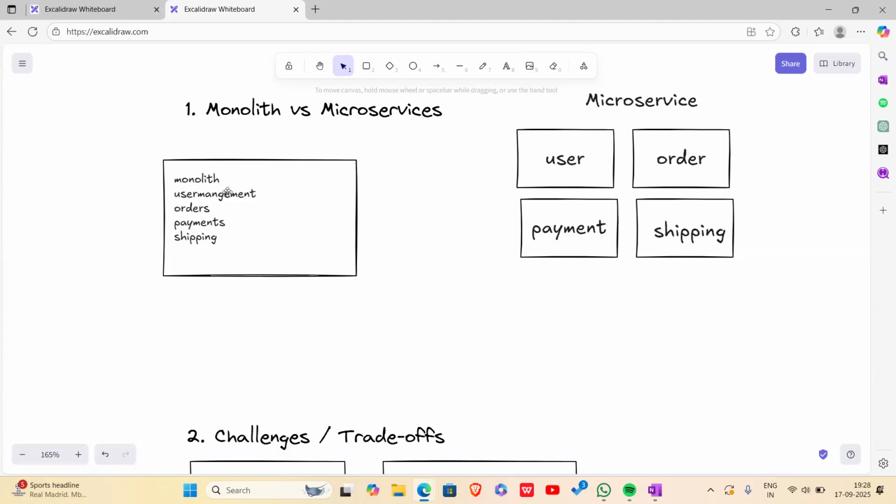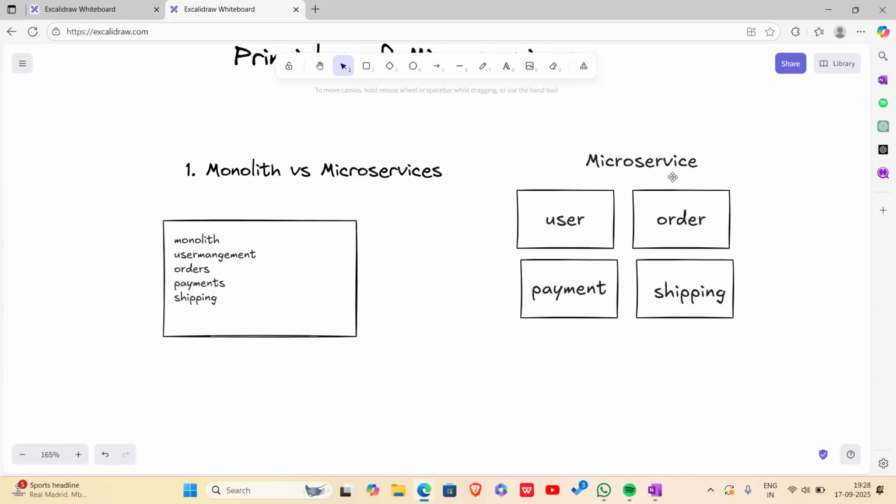So this is going to take a lot of time. If anything changes in the user, we have to change orders, payments, shipping, and everything. For small-scale applications, monolith is something we can use. But if it's going to be 10 to 15 services, we have to run all of these together and increase the scale accordingly to maintain the load.